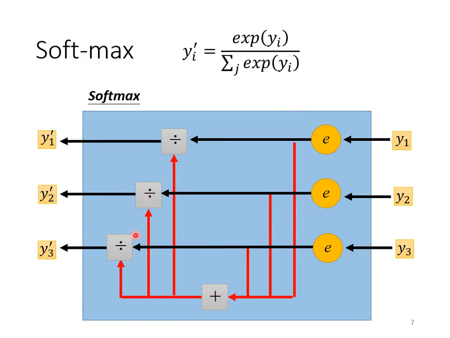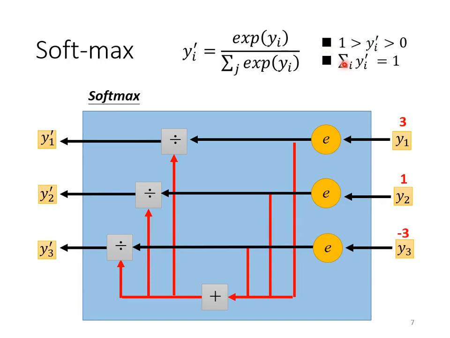Divide exponential y3 by the summation. We get y1 prime y2 prime y3 prime, and that's it. With this formula, you will find that y1 prime, y2 prime, y3 prime are all between 0 and 1, and their sum will be 1.